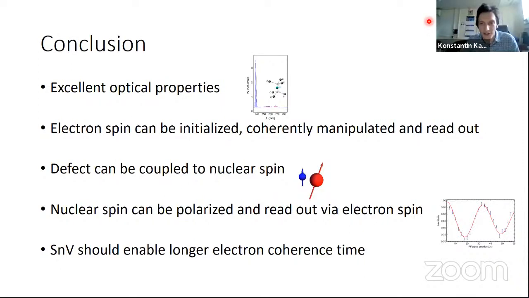It wasn't demonstrated. So what's the main problem for demonstration of entanglement between silicon vacancy and so on? I think up to now it was quite challenging to have a long quantum memory.